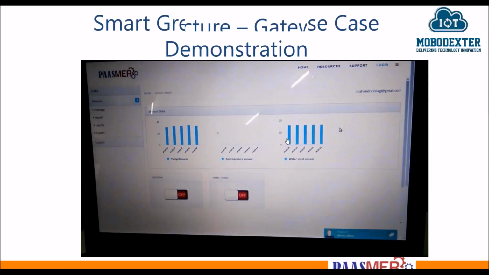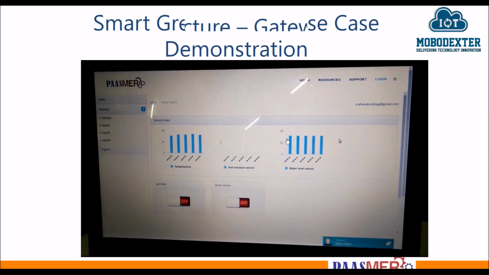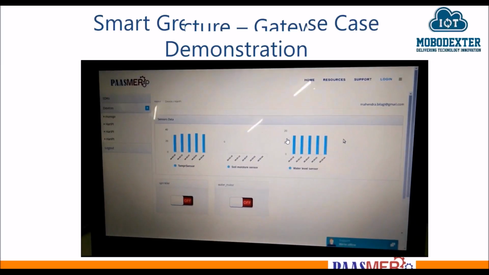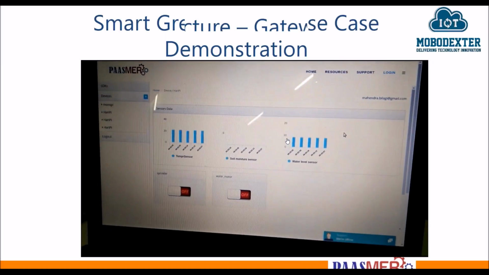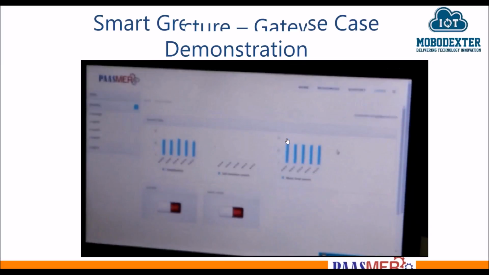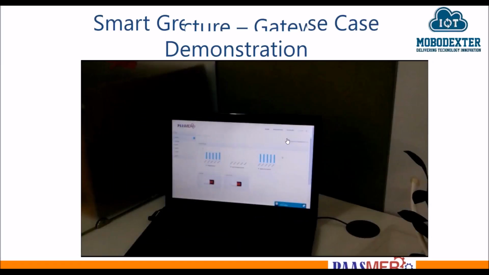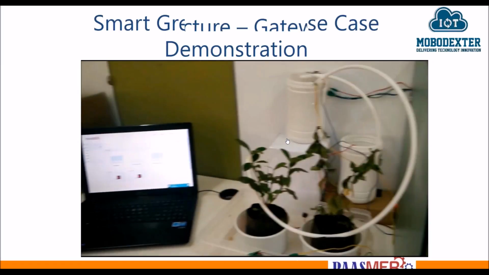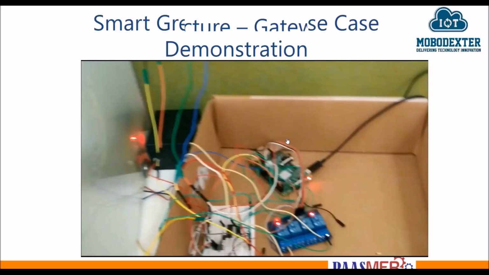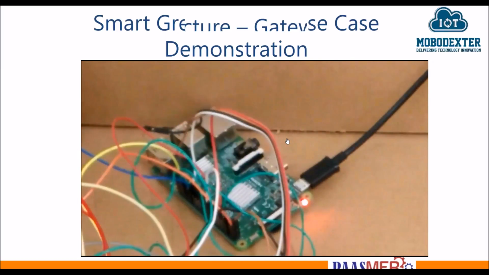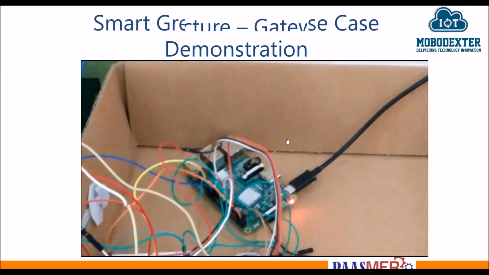We can get data from sensors and control actuators from the Paasmer platform. The Paasmer platform and the sensors are connected through a Raspberry Pi device. We have used Raspberry Pi device for this purpose.